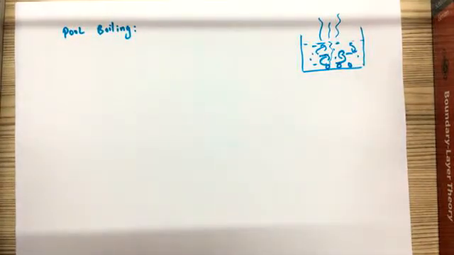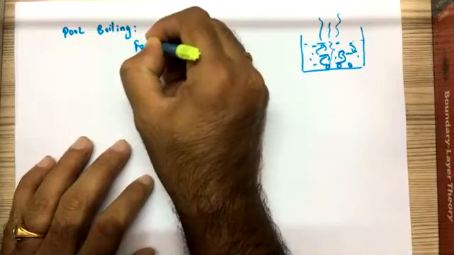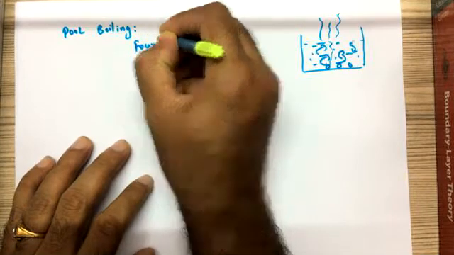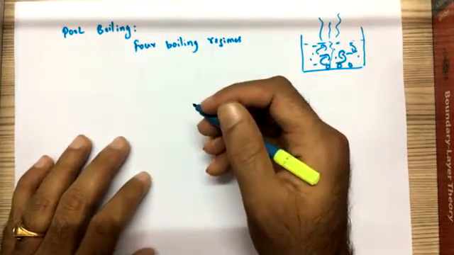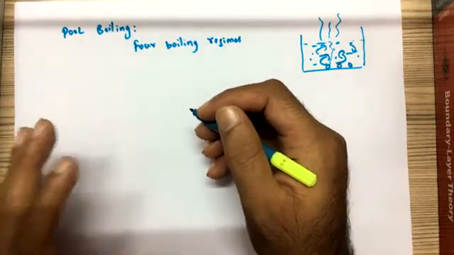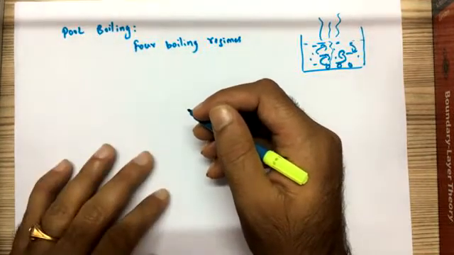So in pool boiling, you have four boiling regimes, or we call them four boiling phases, or four boiling steps that we can observe.